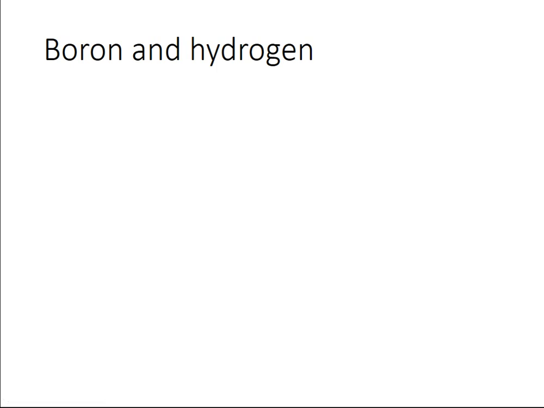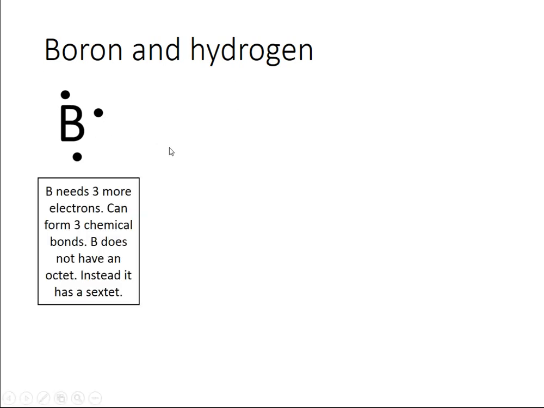What about boron and hydrogen? So boron has 1, 2, 3 unpaired electrons. So it's going to form 3 chemical bonds. So boron needs 3 more electrons. It can form 3 chemical bonds.